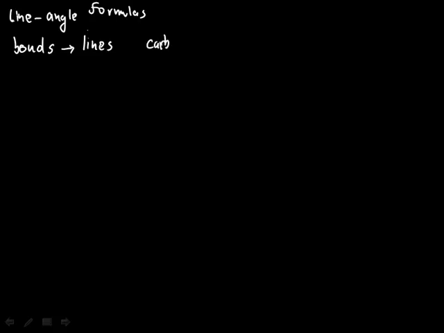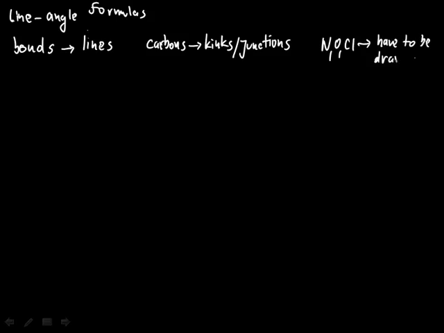Carbon atoms are represented as kinks in these lines or junctions of multiple lines. All heteroatoms, nitrogen, oxygen, chlorine, have to be drawn out. When it comes to hydrogens on carbon, we skip them. Hydrogens on nitrogen, oxygen, etc., we draw out.